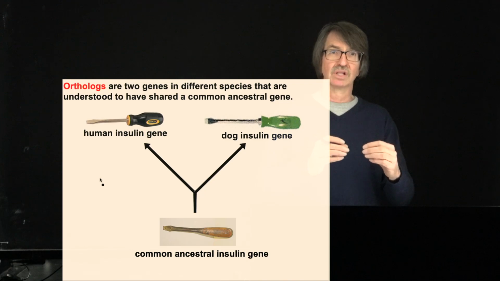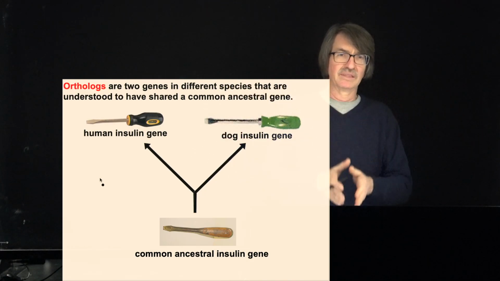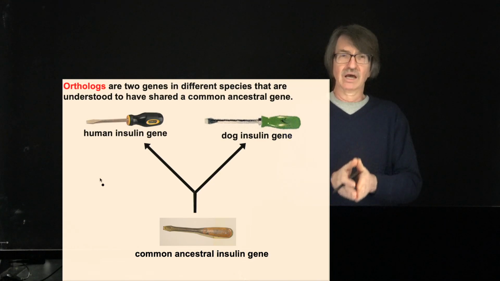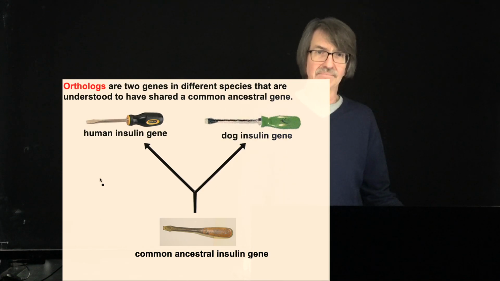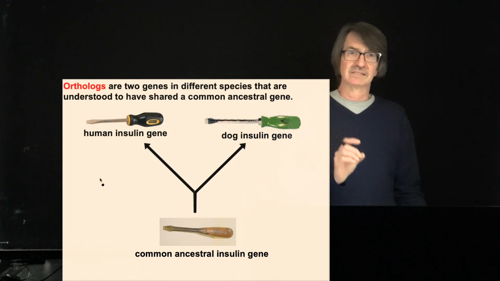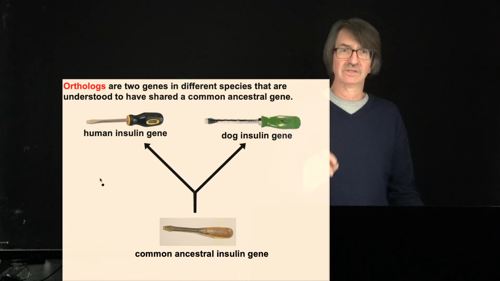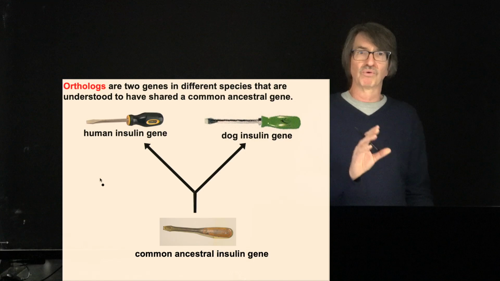Look at the number of comparisons, and it must be that there was a common ancestral gene that had identical sequences, and those have diverged a little bit over time. Yeah? We can make that same comparison with all the thousands of genes coding for proteins in a dog and human, and we see this over and over again.